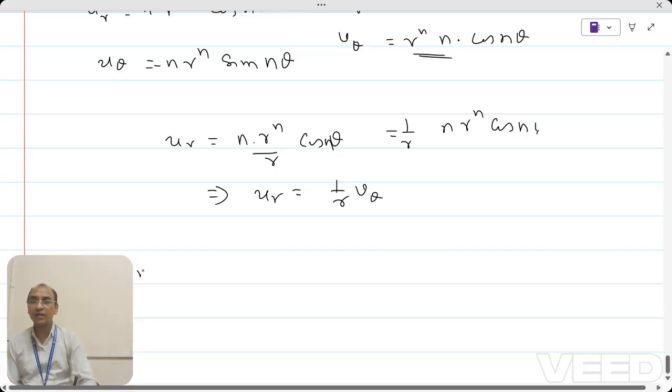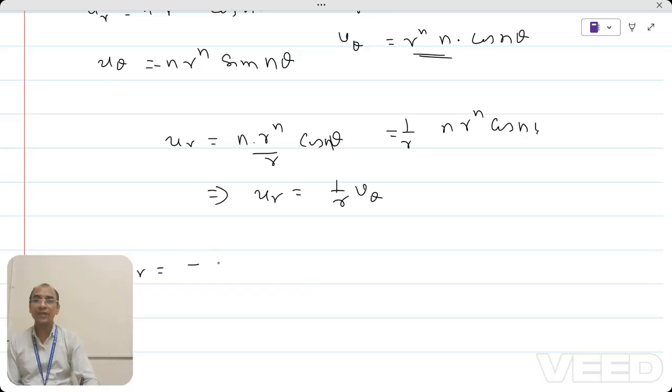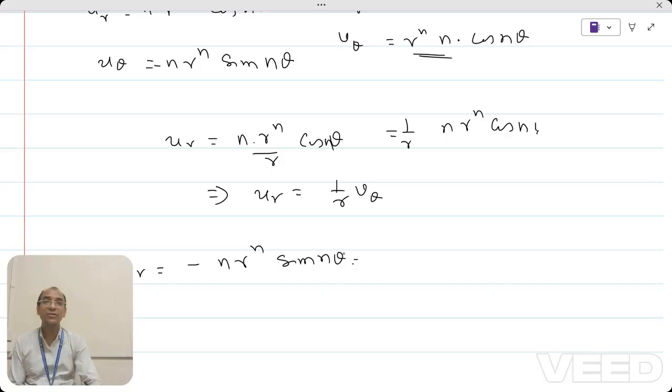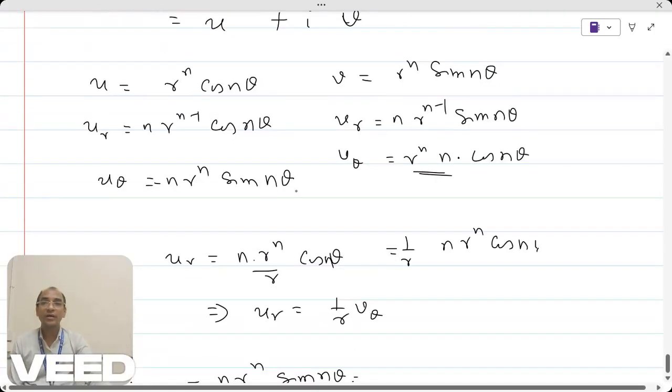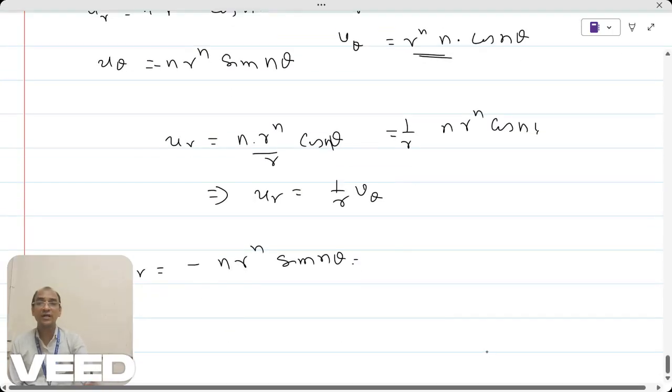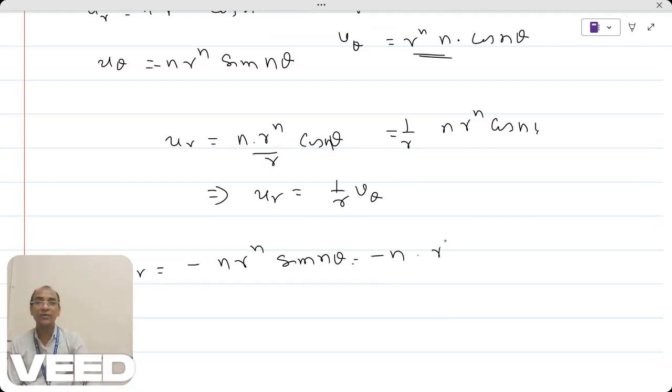What is the second condition? u theta is minus n r to the power n sin n theta, and we want to show that v r is equal to minus 1 by r u theta. So I can write this way: minus n into r to the power n minus 1 into r sin n theta.